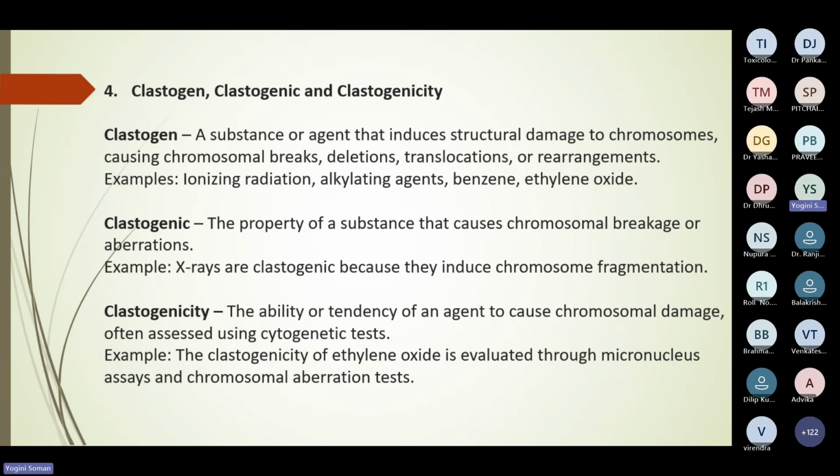The next term is clastogenicity. It is the ability or tendency of an agent to cause chromosomal damage, often assessed using cytogenetic tests. You can conduct an in vitro chromosomal aberration or in vitro micronucleus test to detect the clastogenic potential of the test item. An example is the clastogenicity of ethylene oxide, which is evaluated through micronucleus assay or chromosomal aberration tests.